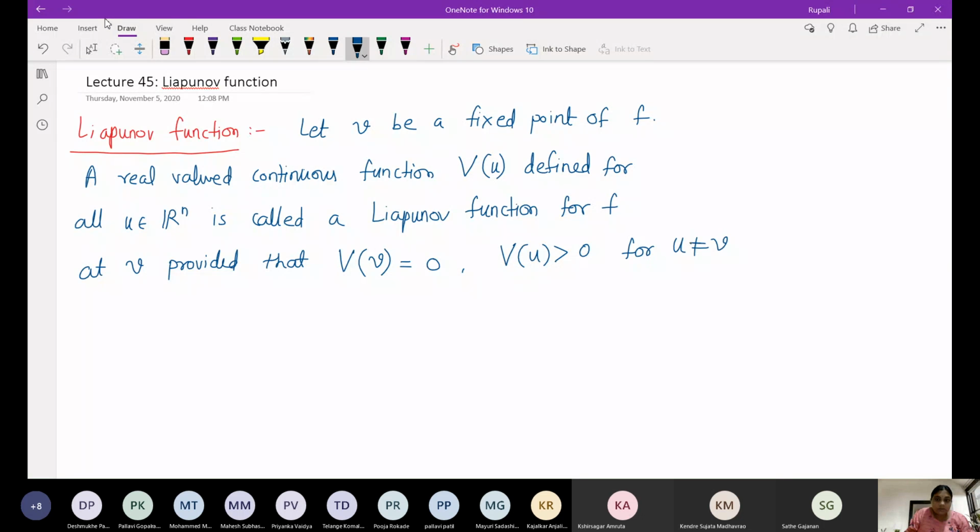Whenever u is not equal to v, capital V at u is strictly greater than 0.